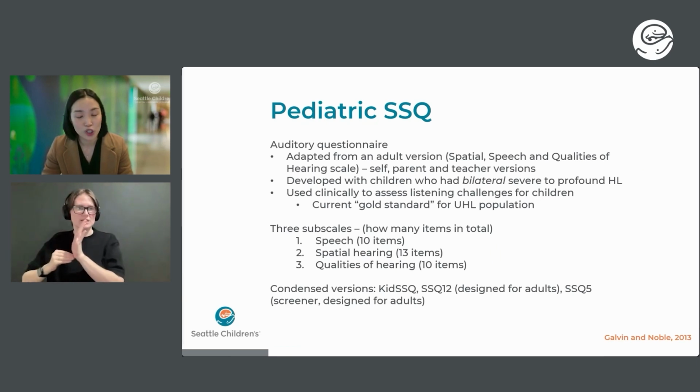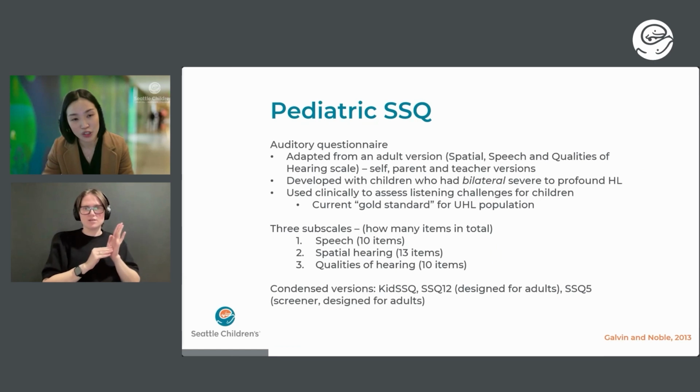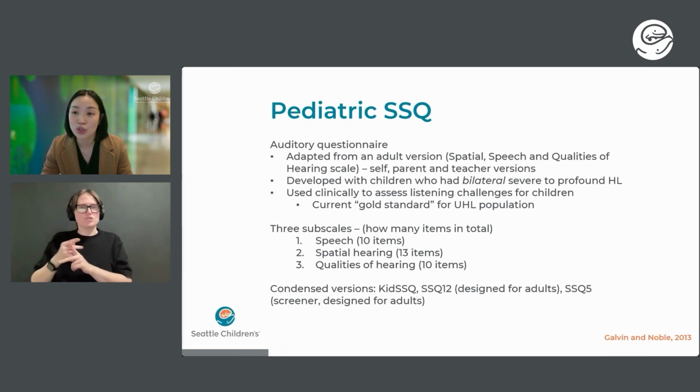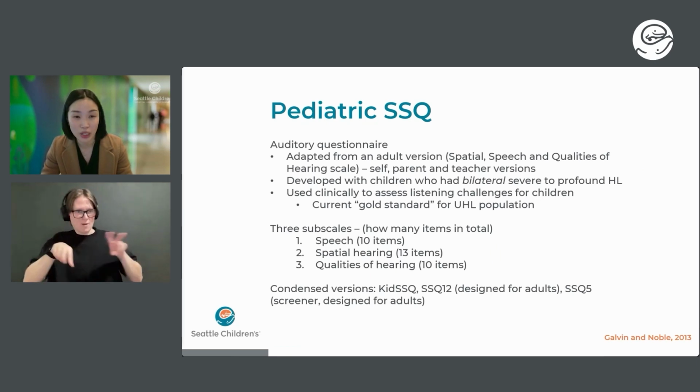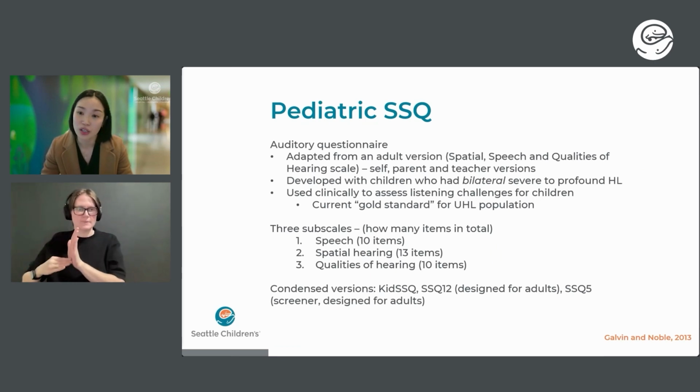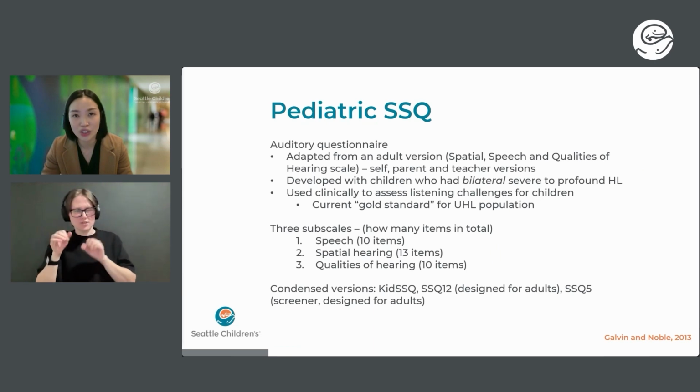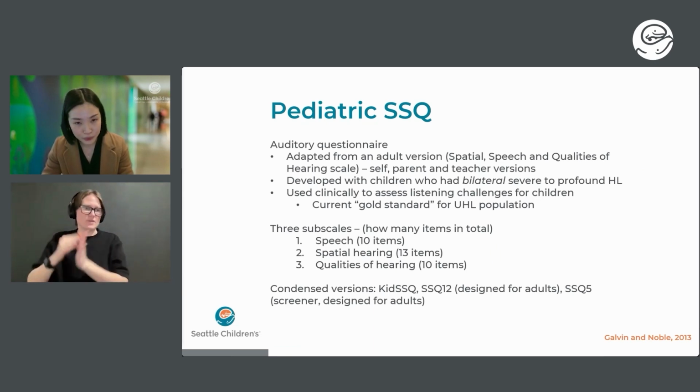The self-completed version is just administered off the bat, but the researchers, Galvin and Noble, do recommend that for the parent and the teacher versions, there's a 2-week observation period prior, wherein the parents and teachers watch for particular challenges and behaviors in their children before actually completing the questionnaire.